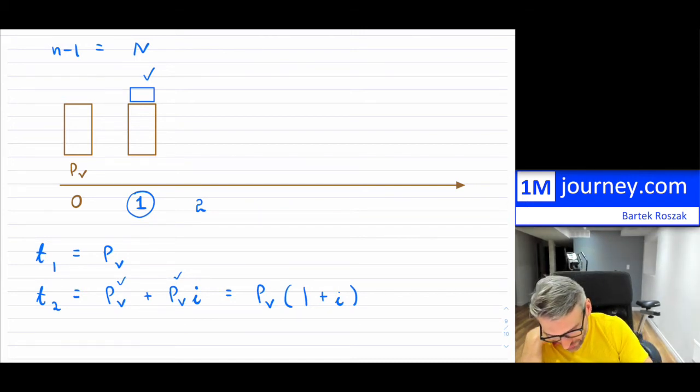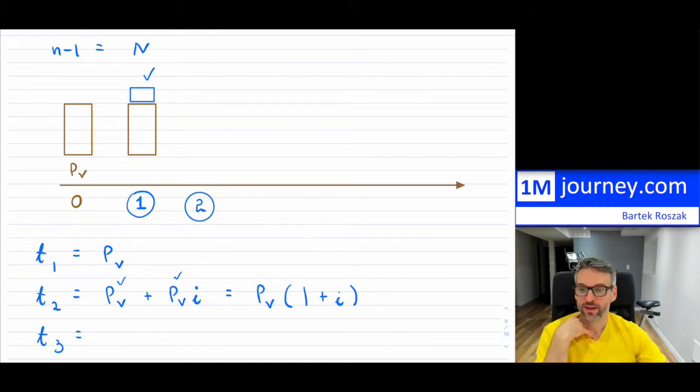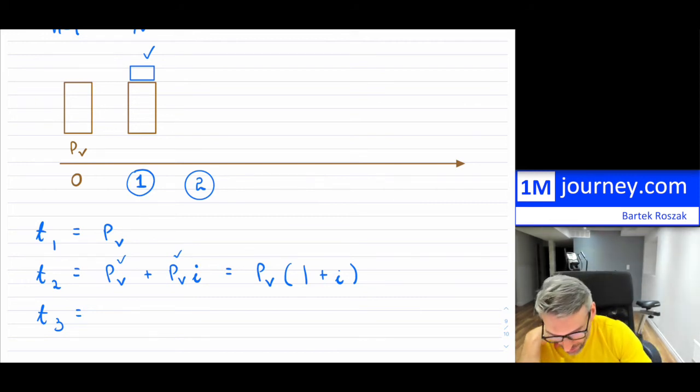Now, what happens after 2 years? That would be my term number 3. Term number 3 is going to be, because now I'm applying my interest on my new amount. My new amount is this whole thing, which is the value of term number 2.